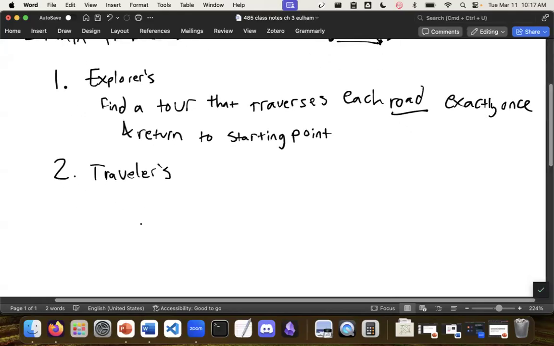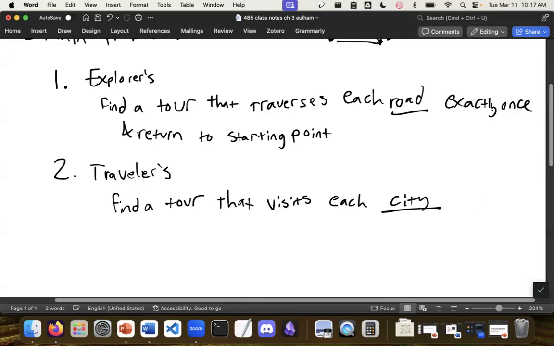The traveler doesn't care about taking all of the roads, right? If you're traveling to a series of cities, you just care that you get to the cities. So the traveler's goal is to find a tour as well, but instead of the roads, we're looking at visiting the cities.